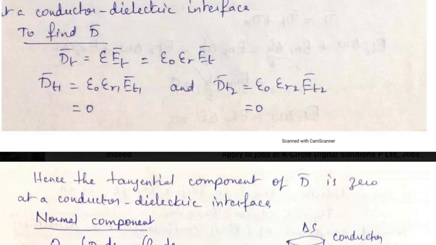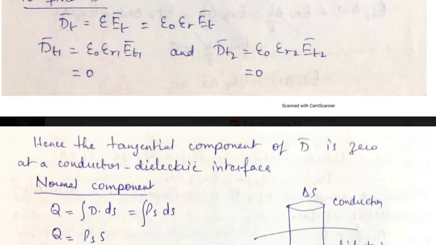Here also Et2 is equal to 0, therefore Dt2 is also equal to 0. So here also you can conclude that the tangential component of D is 0 at a conductor dielectric interface.